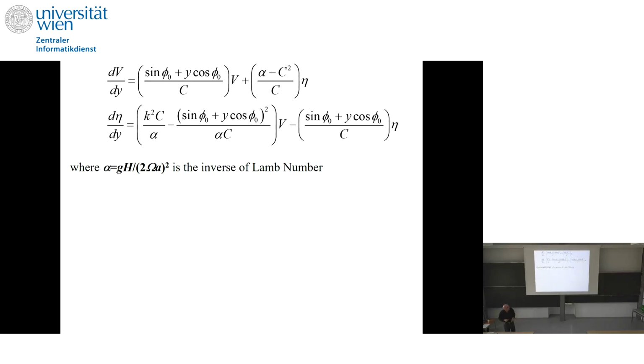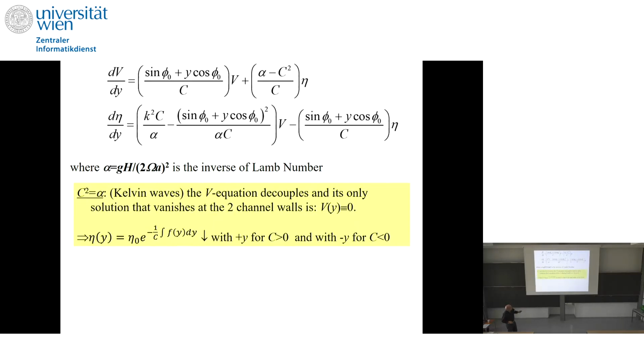Okay? So now we are in position to look at the solutions of this system, and as you'll see, it's not very simple, but if you know the background of what we know from 50 years, you'll see that it's not so difficult to analyze what happens in these equations. So first of all, look at the case where c squared is equal to alpha.